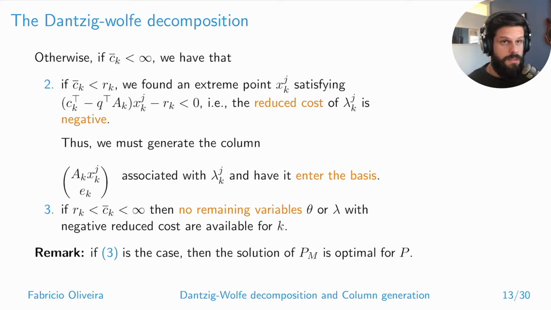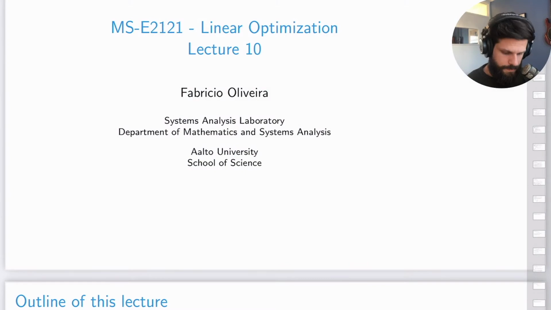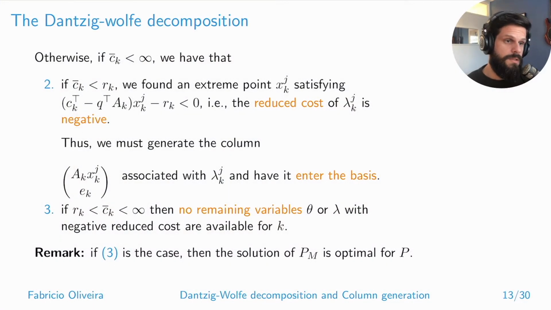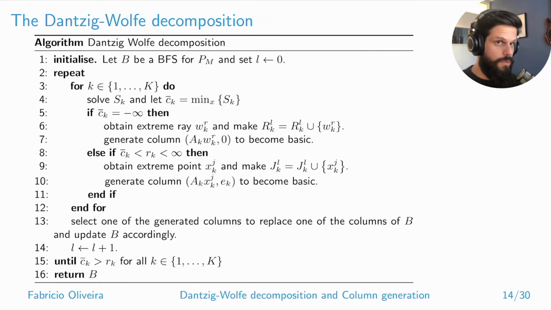That's the optimality condition of your modified revised simplex method. So that is exactly the end of the algorithm. Here is a pseudocode for the Dantzig-Wolfe decomposition as we just described.